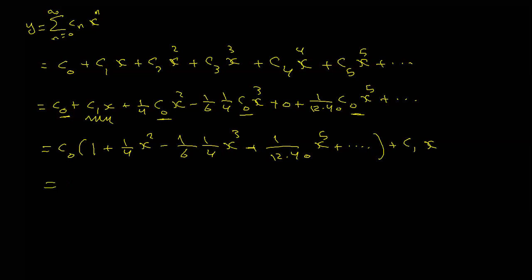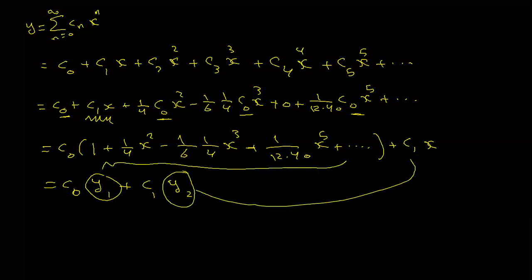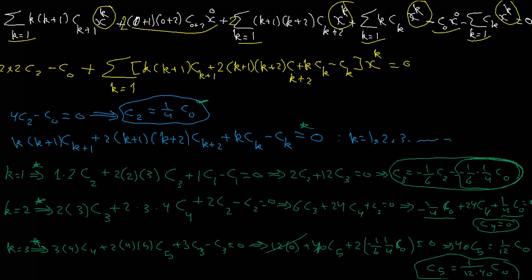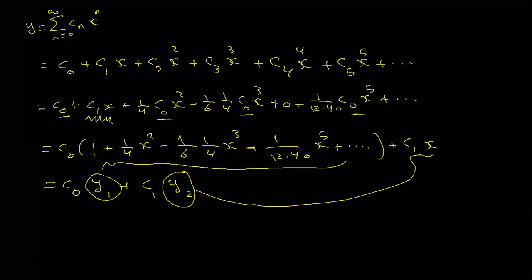I can write it as C0 Y1 plus C1 Y2. So Y1 is all those, and Y2 is only your x. So I found my solution as a power series. Notice this is a power series, x power 2, x power 3, with those two constants. And notice, because your differential equation is of second order, your solution contains two constants.